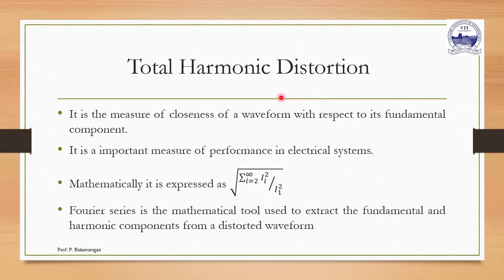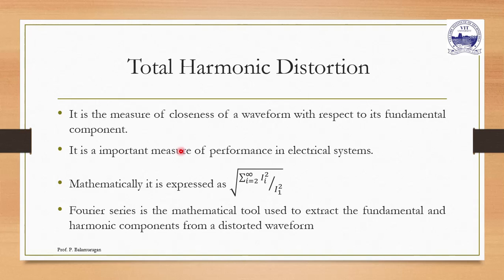So let us discuss a few factors. The total harmonic distortion is basically defined as the measure of closeness of a waveform with respect to its fundamental component, and it's an important measurement parameter on the performance of an electrical system.